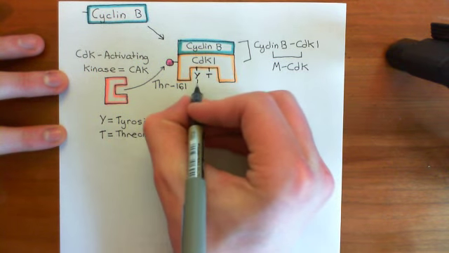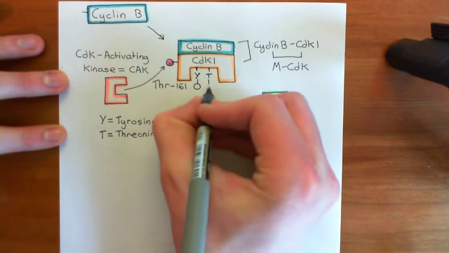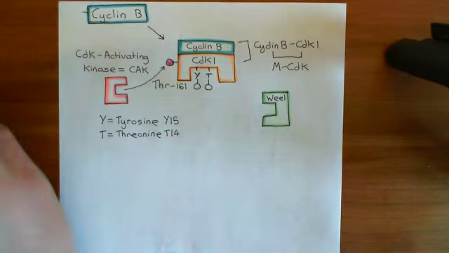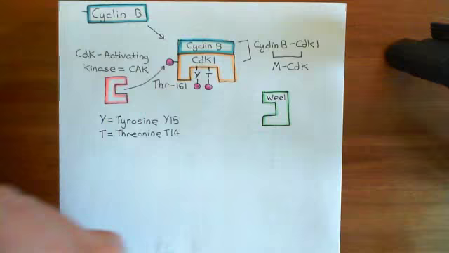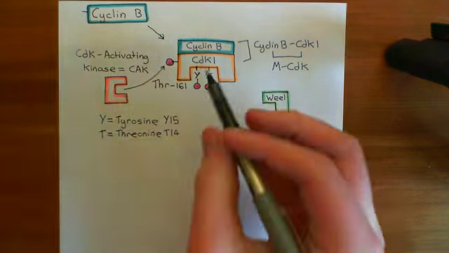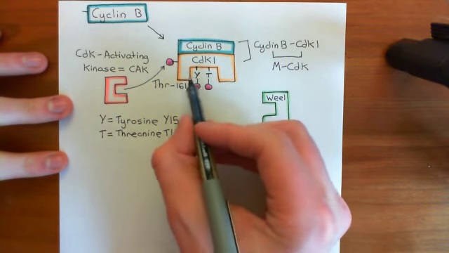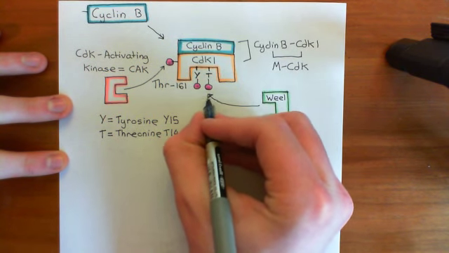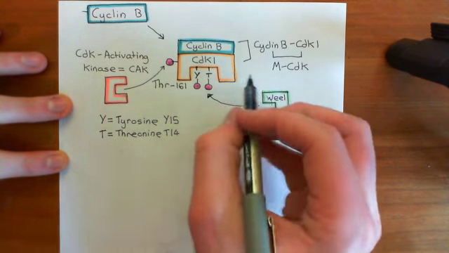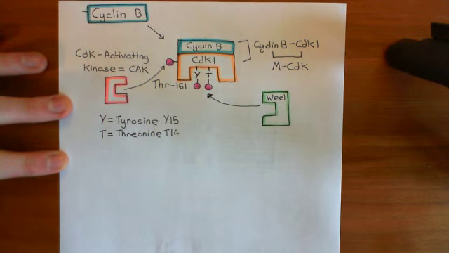So it's going to phosphorylate this tyrosine residue, and it's also going to phosphorylate this threonine residue. Okay, and when the cyclin B CDK1 complex has these residues within its active site phosphorylated, this is going to inhibit the cyclin B CDK1 complex. So it's not functional.